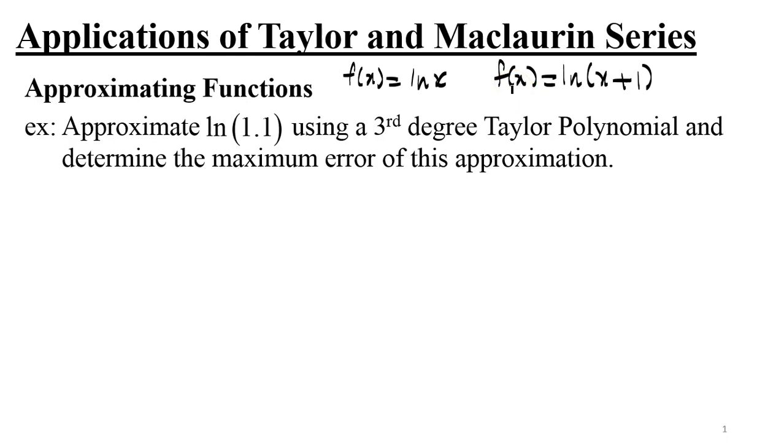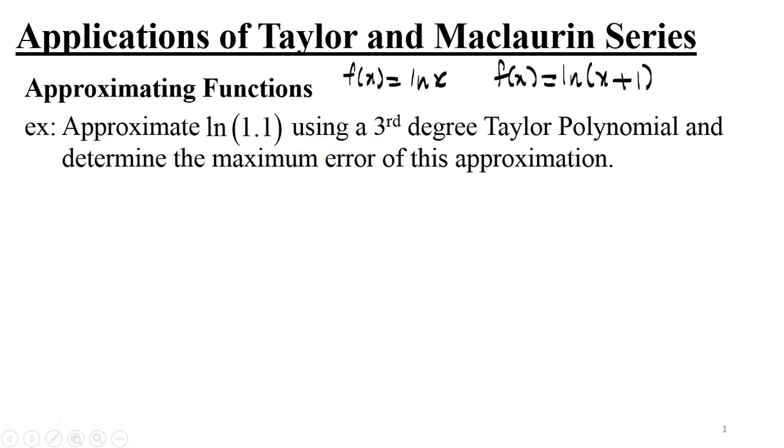So it really depends on how you choose your function, as long as you'd eventually end up with a value of x that would help you approximate ln of 1.1. It doesn't really matter, the choice is up to you.